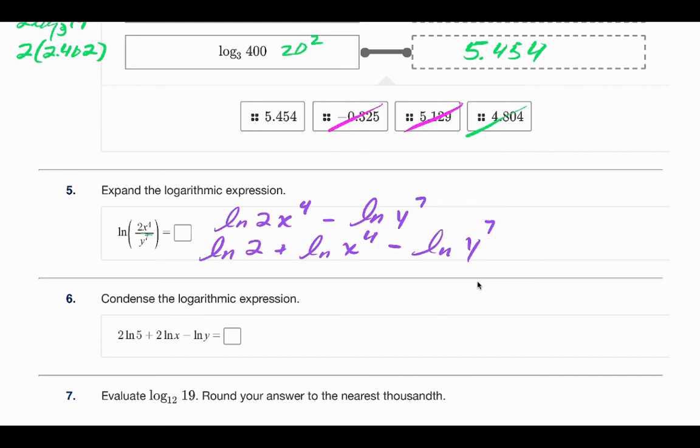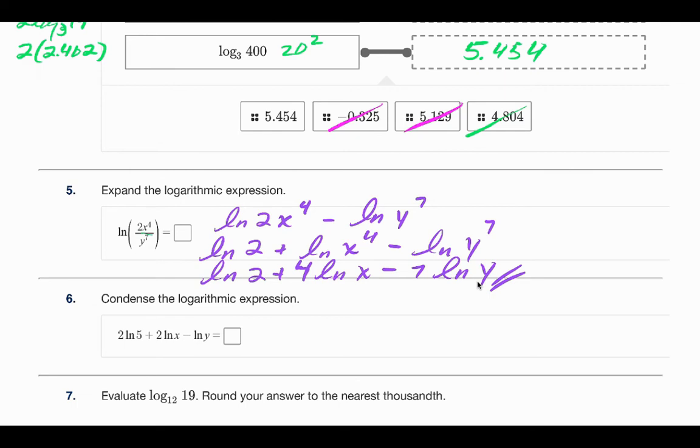So our next property would tell us that we can write that as the natural log of 2 plus 4 times the natural log of x minus 7 times the natural log of y. And that's our final answer for that one.